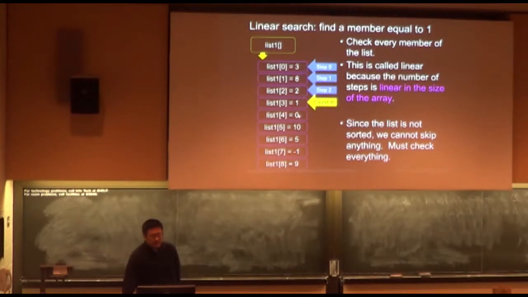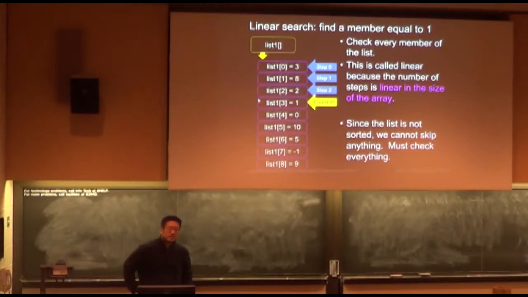So here what we have is that process. Step 0 considers the first member of the array. Step 1 considers the second member of the array. Step 2 considers the third member of the array. And then finally, we identify it in the fourth member of the array.